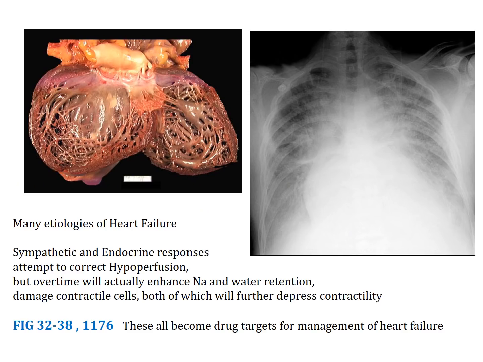So again, there's a lot of different etiologies of heart failure. For whatever reason, when the heart starts to fail, sympathetic and endocrine responses kick in. They sense that hypoperfusion, and that hypoperfusion leads to sodium and water retention. And that sodium and water retention is what's going to lead to the progressive dilation of the ventricular cavities, the thinning out of that muscle, and weakened contractility.